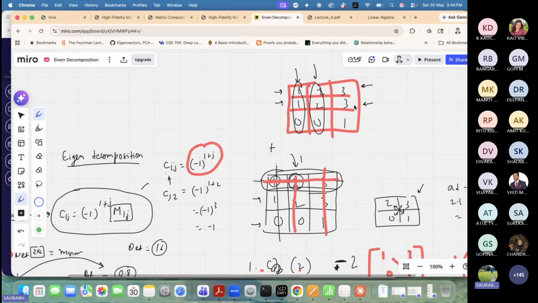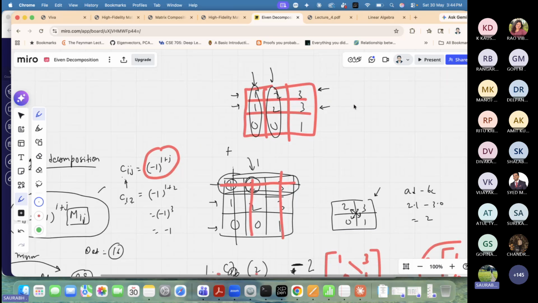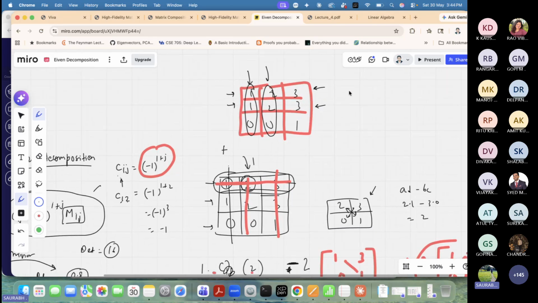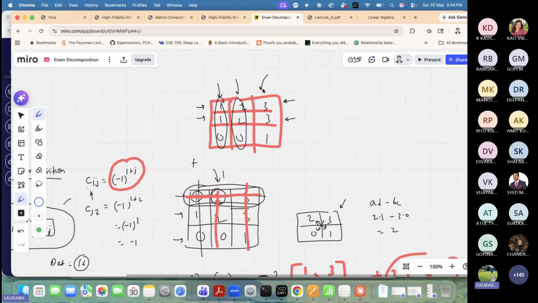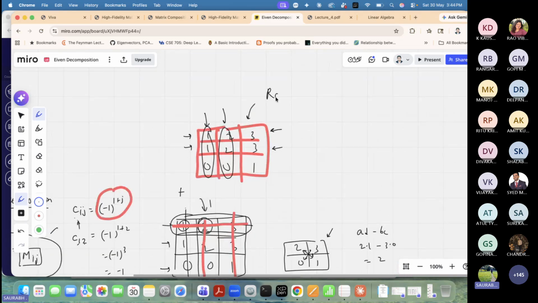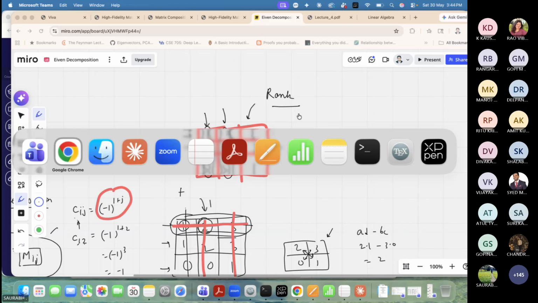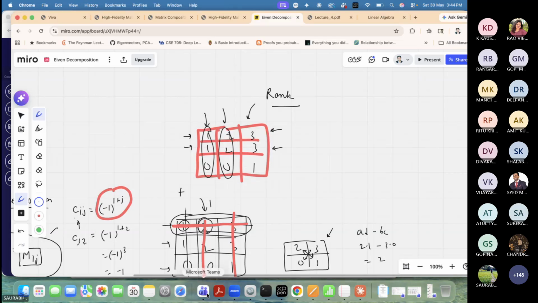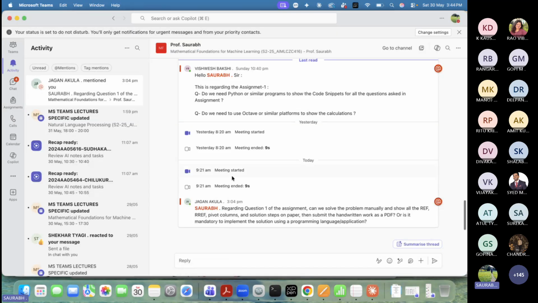Okay. Now you can also get to a point that in this case, what is the rank? If I ask you, what is the rank of the matrix? What could be the maximum rank of this matrix? Two, right?